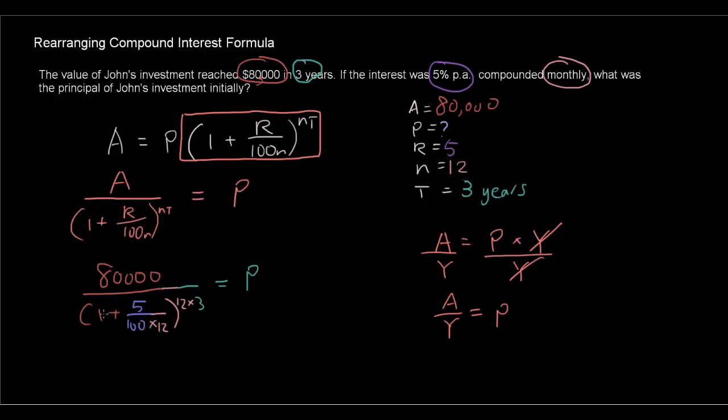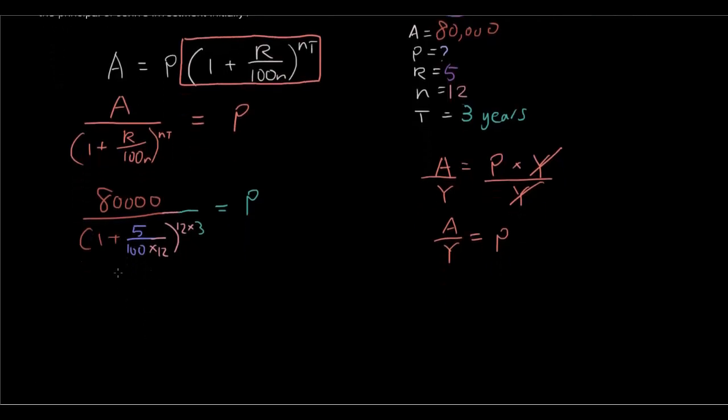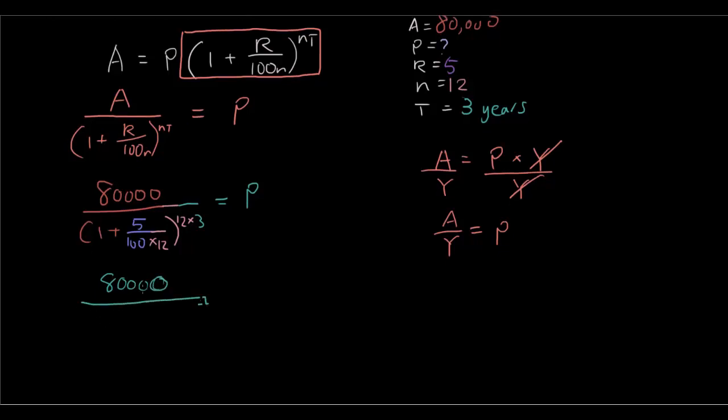I would suggest that you do it slowly, step by step. So the first thing I'm going to calculate is what is in the brackets. So it's 80,000 divided by, I'm just going to do what's in the bracket first.